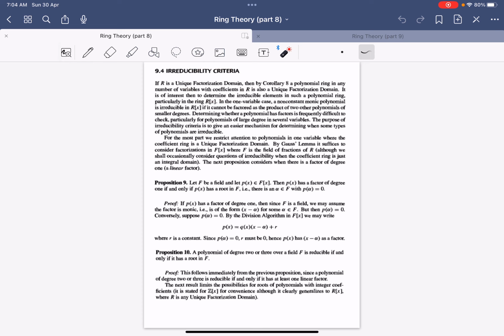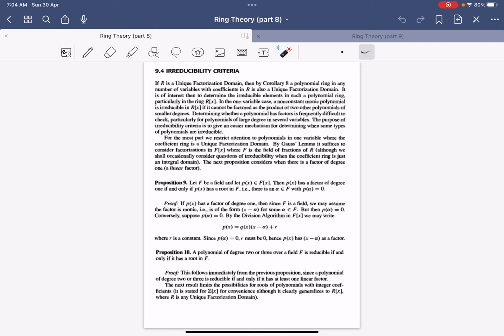And so, we shall consider the case where there's only one variable now and list some ways for us to find a mechanism for determining whether some polynomials are irreducible or not, meaning whether they can be factored out or not.